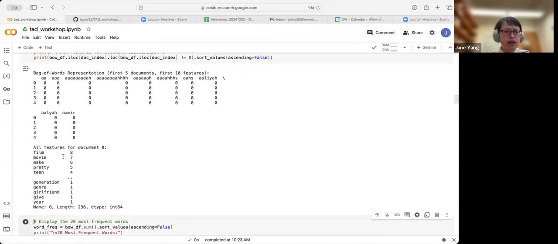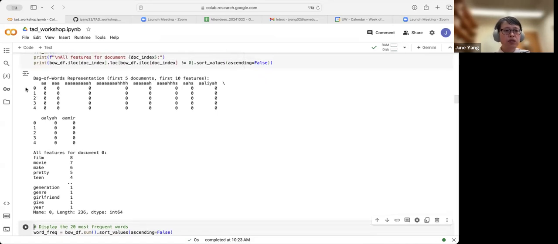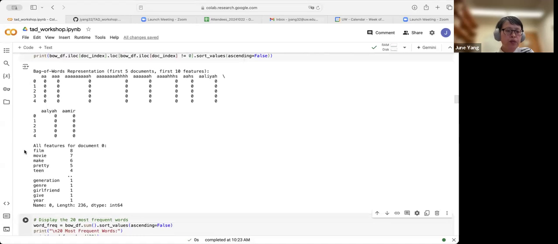We can also take a look at what the features are in, for example, document 0, the first row of this data frame. We want to learn what the possible variables, or tokens, contained by this document of movie reviews are. So it contains film, it contains movie, and the value here represents the number of times each word appears in this document.